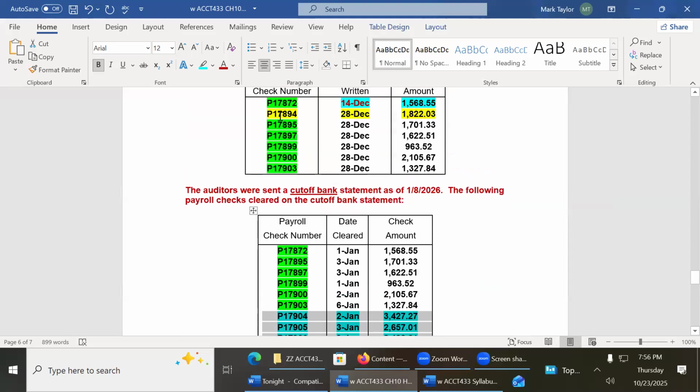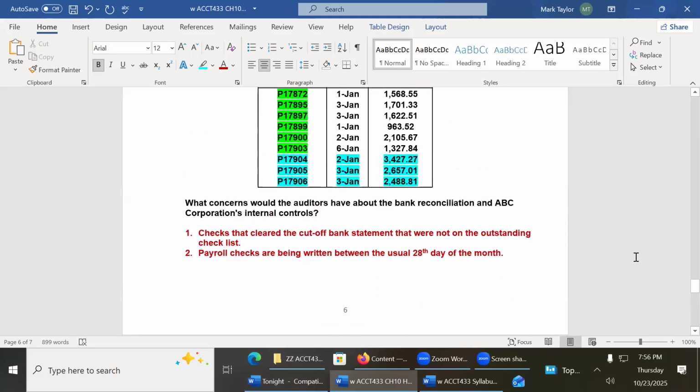We may also look at the check that didn't clear.